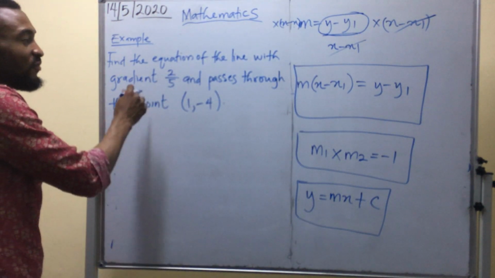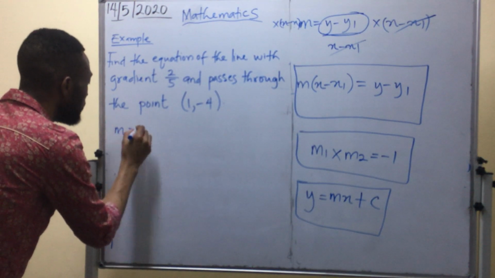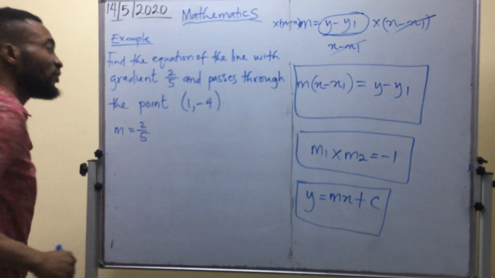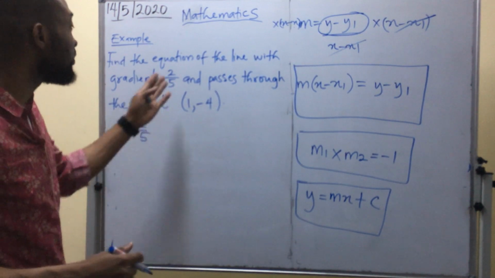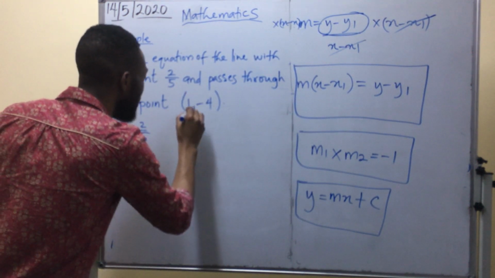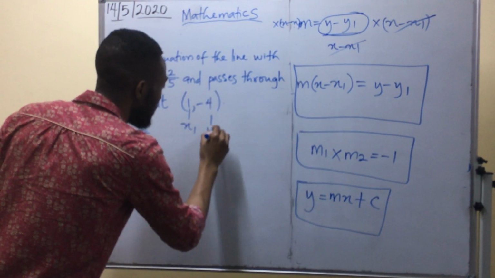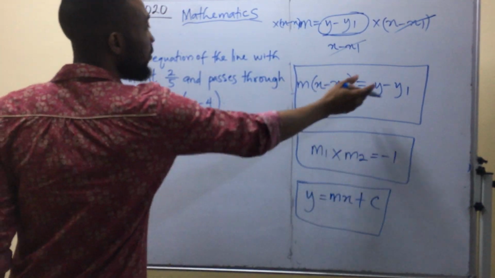If you can see here, they have already given us the gradient, which is m. We have our m, which is 2/5. They asked us to derive the equation for this question. And here we have 1 to be x1 and this is y1. So we take one of these formulas.